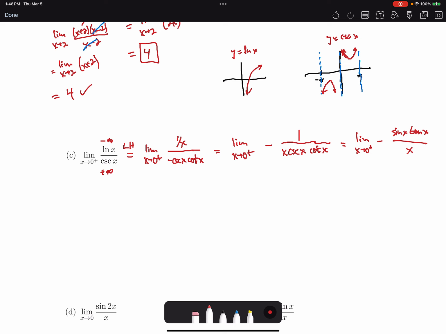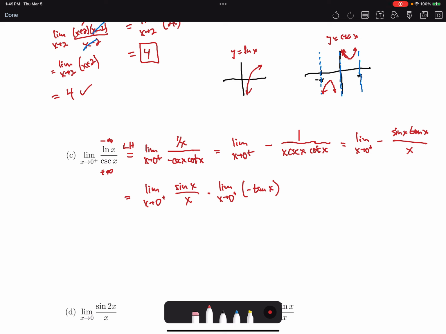Well, now this looks familiar. It's a limit that we already know, right? We know that the limit as x approaches 0 of sine x over x is 1. So I can take care of that piece of the puzzle pretty easily. This is just the limit as x approaches 0 from the right of sine x over x times the limit as x approaches 0 from the right of, we'll just call it negative tangent x.